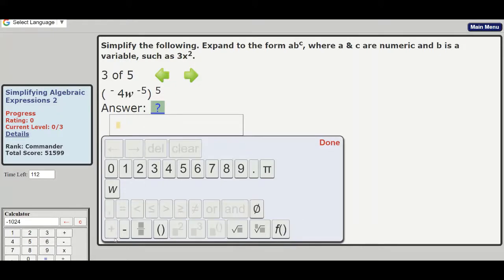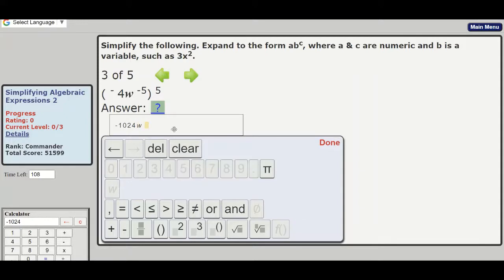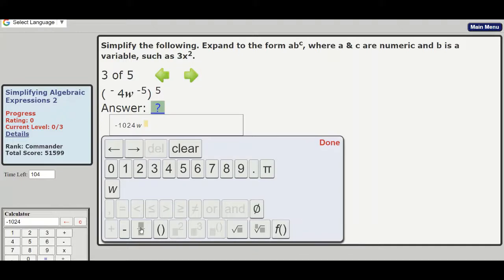Negative 1024. W raised to negative 25. Done. Then 10 times 10, 100 times 10 is 1,000.